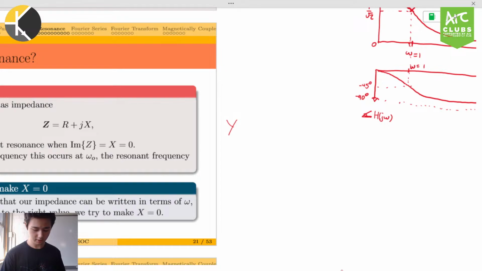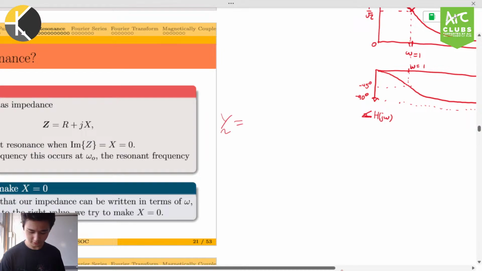So that's to say you have Y equals 1 on R plus j, and it's not meant to be 1 on R, it's 1 on G plus 1 on something like here. Sometimes they do that and you say, still, imaginary part goes to 0, okay? That's the entire point of resonance.